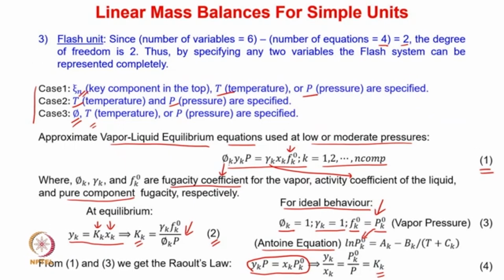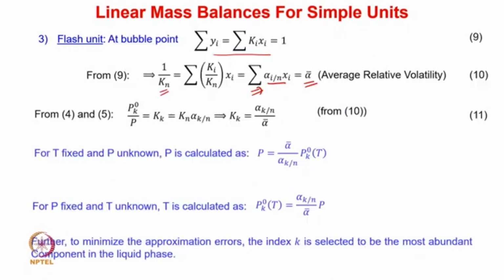Just wait. So see, this is equation number 4. You can see Kk is given as Pk naught by P. This is nothing but the ratio of vapor pressure divided by total pressure, isn't it? So the same expression is used here. So Pk by P is Kk, correct? Pk by P is Kk.